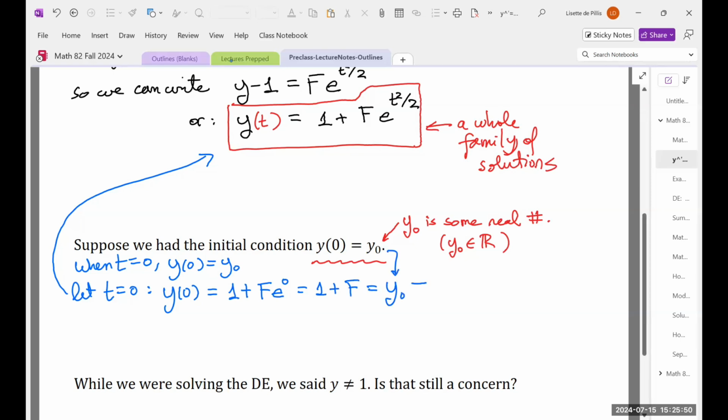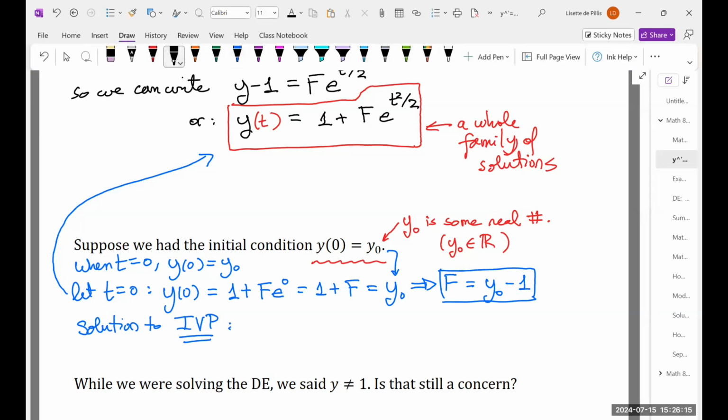So now I know what my unknown constant f is. So f is simply y naught minus 1. Okay, so that's now been fixed by my initial condition. So my entire solution to the initial value problem, IVP is shorthand for initial value problem, is as follows.